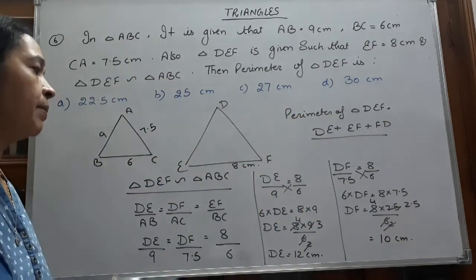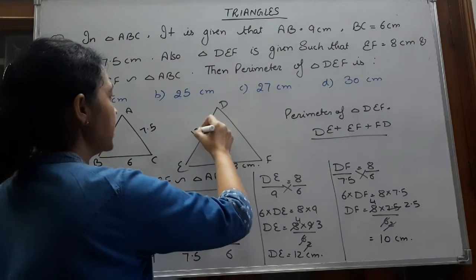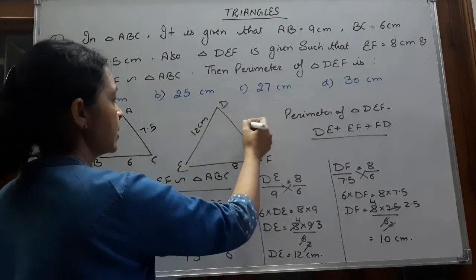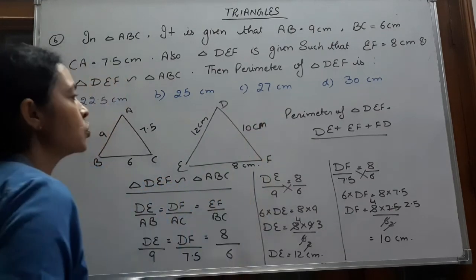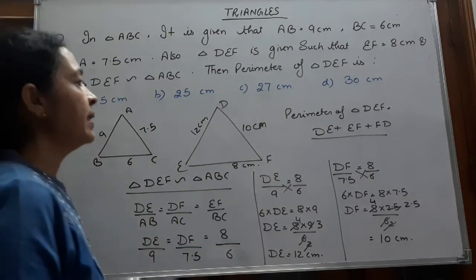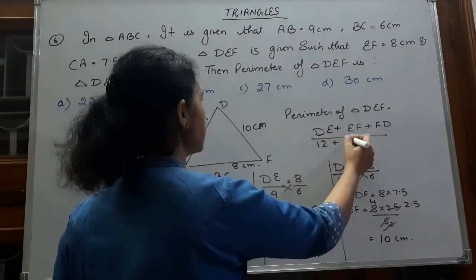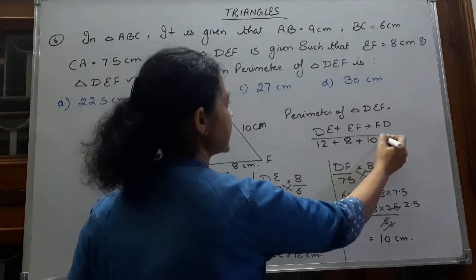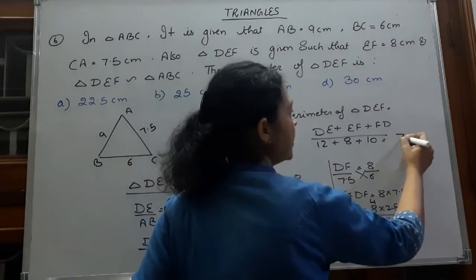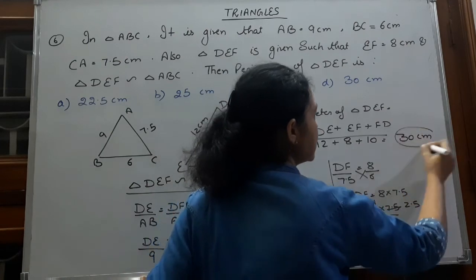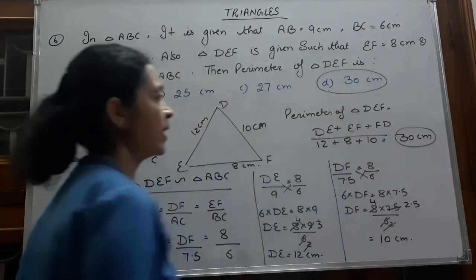Now what will be the perimeter of DEF? We have DE as 12 centimeters and DF as 10 centimeters. So the perimeter of triangle DEF will be DE 12 centimeters plus EF 8 centimeters plus 10 centimeters. 12 plus 8, 20 plus 10. The perimeter of the triangle is 30 centimeters. So which is the correct option? Option D is our correct option.